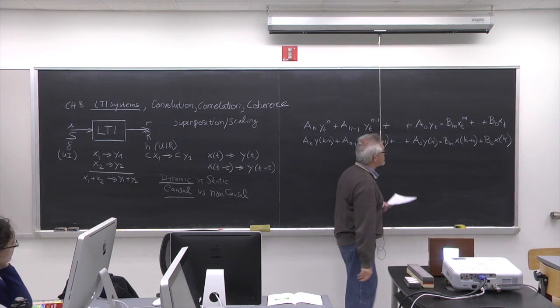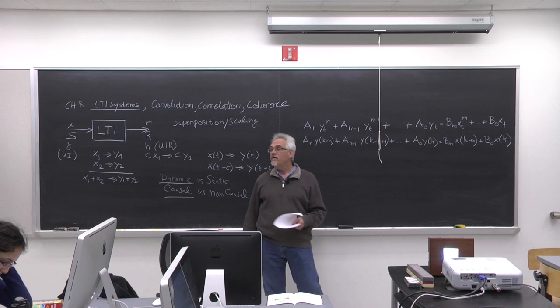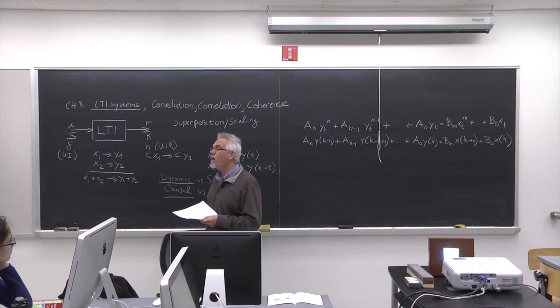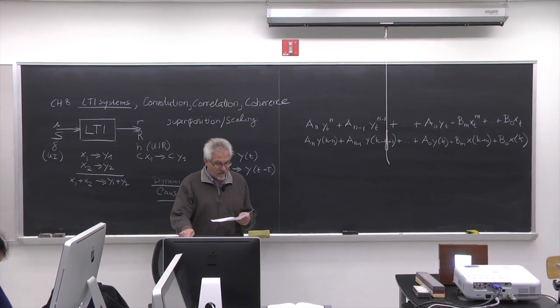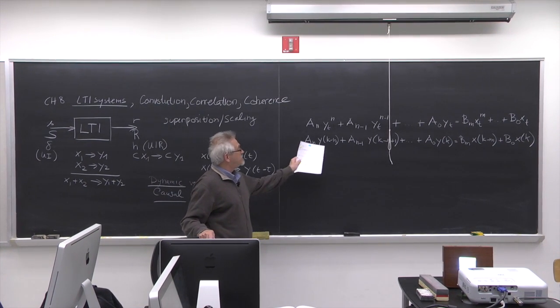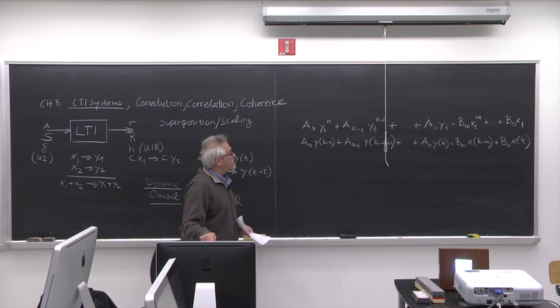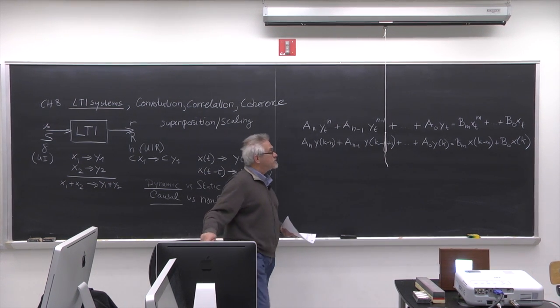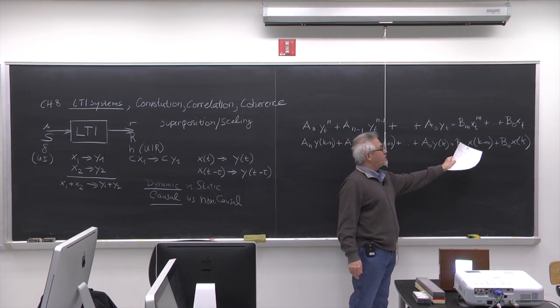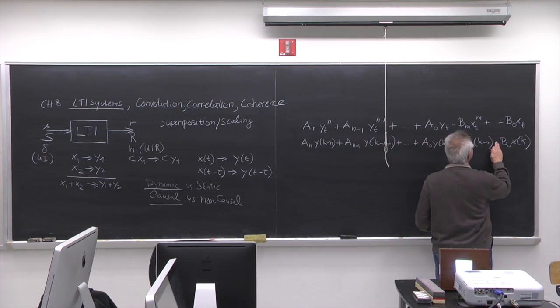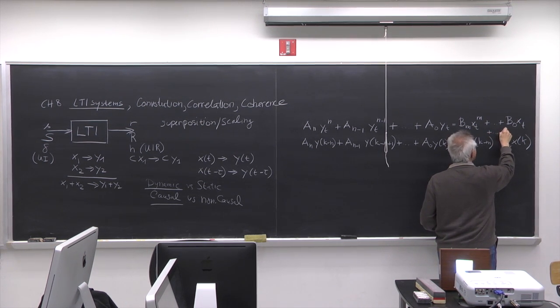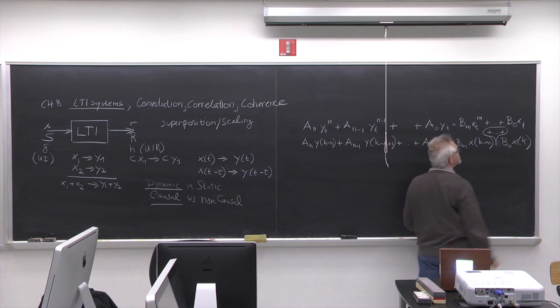And again, you see it is a series of terms of the output y and a series of terms of the input x. And y and x are basically with different delays, varying from n to 0. Same thing here for the input, varying from m to 0. I forgot something here. This should basically, of course, also include multiple terms.